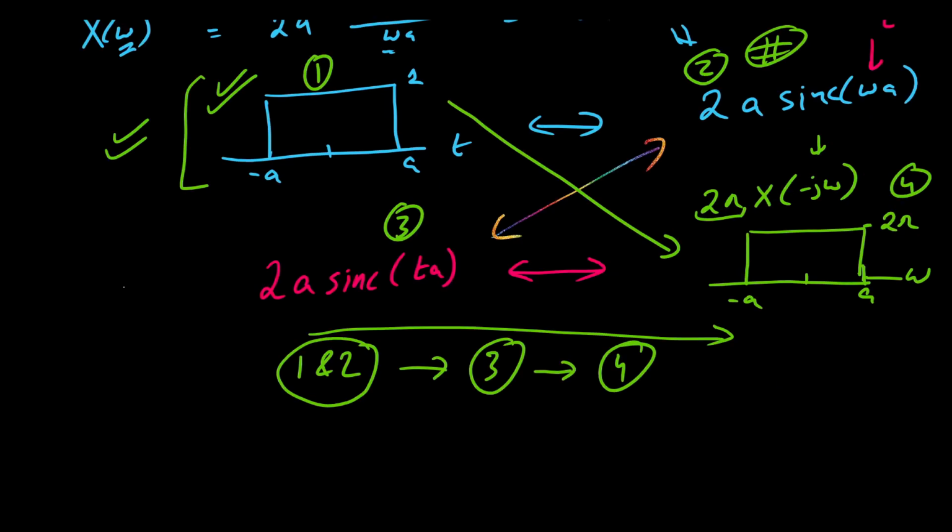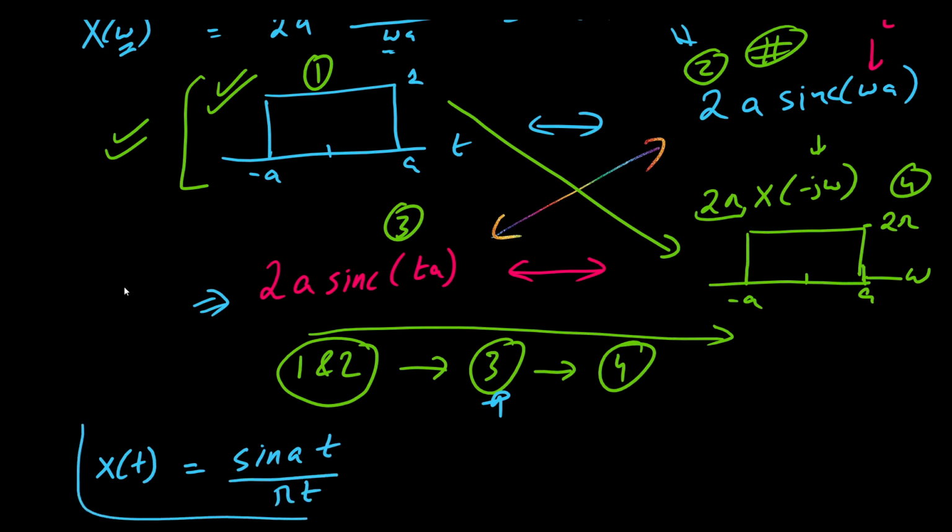For example, you are asked to find a Fourier transform of a function very similar to this symbol which is 3. Say we are given x of t, and this signal has the form sine at over pi t, and we are asked to find the Fourier transform of this signal.